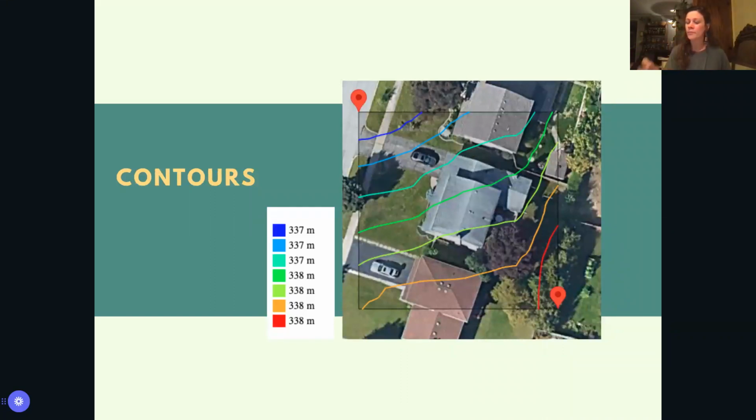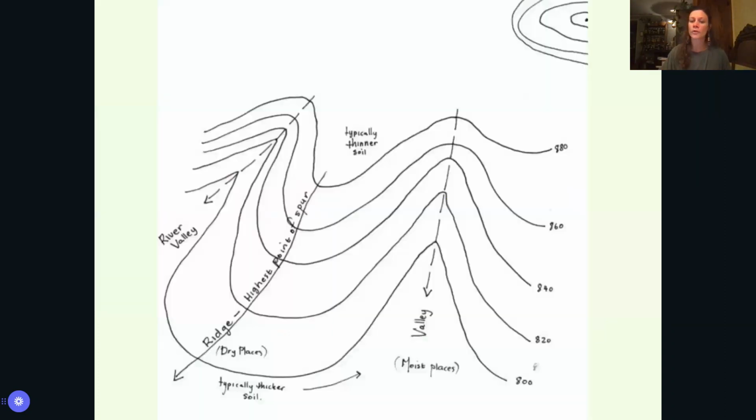And contour lines, for those that just need the refresher, we're thinking about these lines and noticing as they move through our site that each line represents the same level. So this is the same height. One line here, this is all the same height.